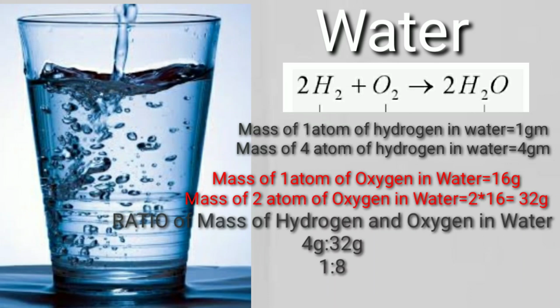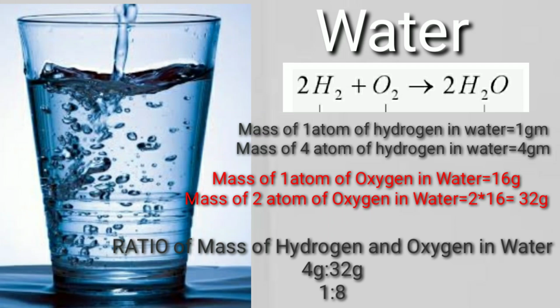Now let us find the ratio of the mass of hydrogen and oxygen in water. That comes out to be 4 grams is to 32 grams, and by reducing it, we get 1 is to 8. So we conclude that a pure chemical compound is always made up of the same elements in the same mass percentage.